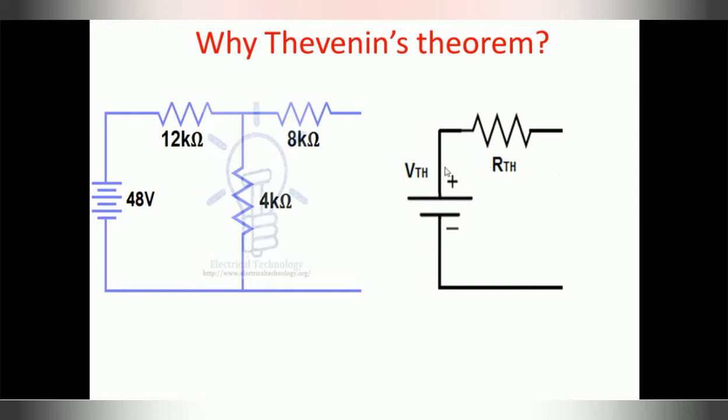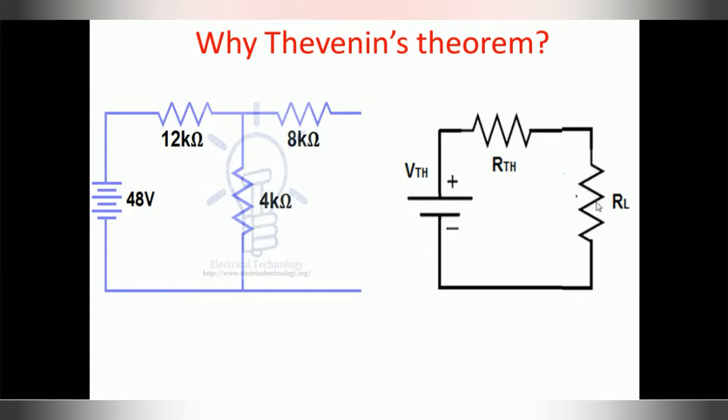This circuit is called the Thevenin's equivalent circuit. To calculate the current flowing through the resistance RL, the load resistance is connected at the end of this Thevenin network, and we apply Ohm's law to get the current through, or voltage across, the load resistance RL.